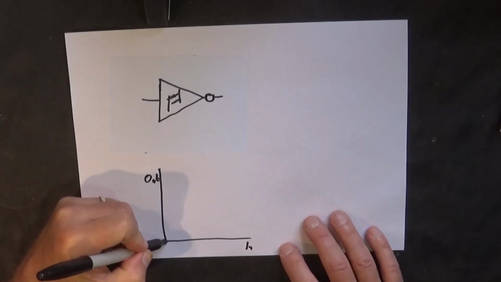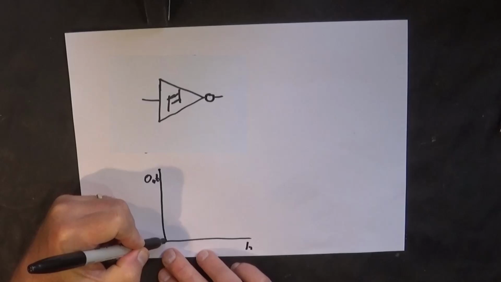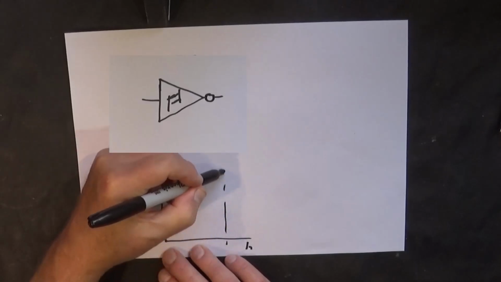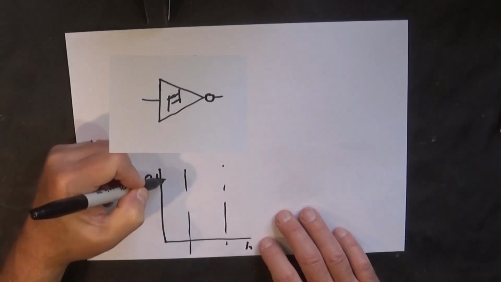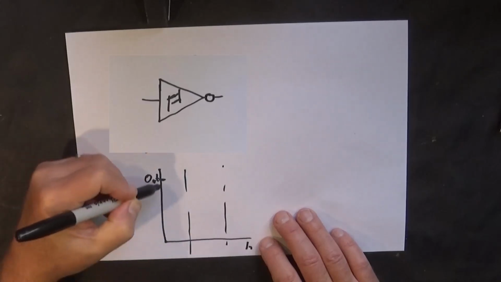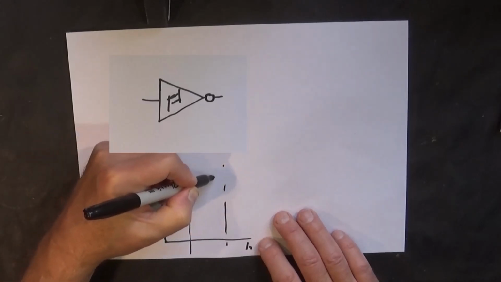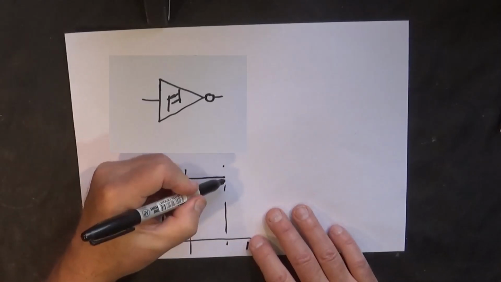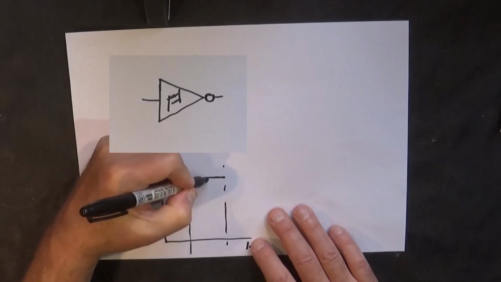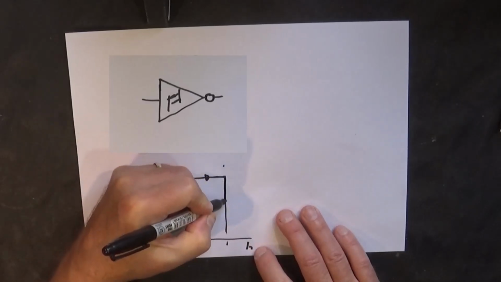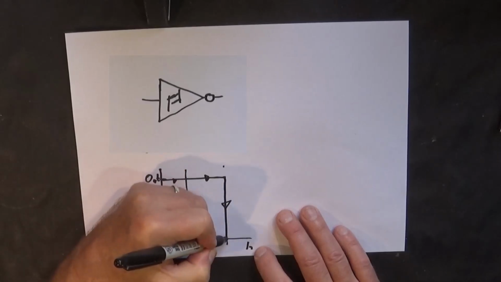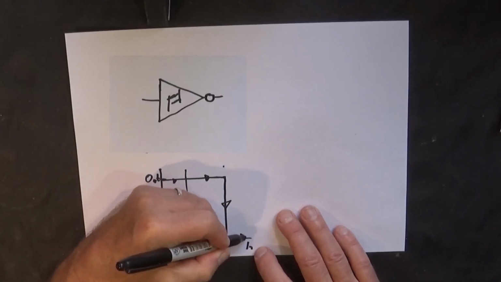So we start with the input right at 0, and the output is at whatever it goes up to. Let's draw our two levels, these are our two thresholds. As we raise the input voltage and get to the upper threshold, the output will fall to 0 and will continue at 0.